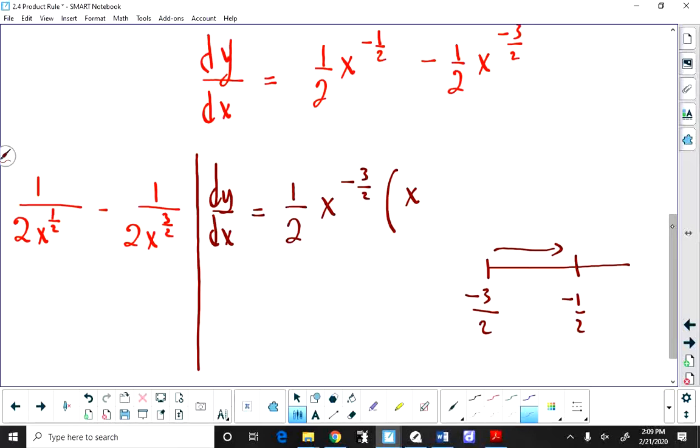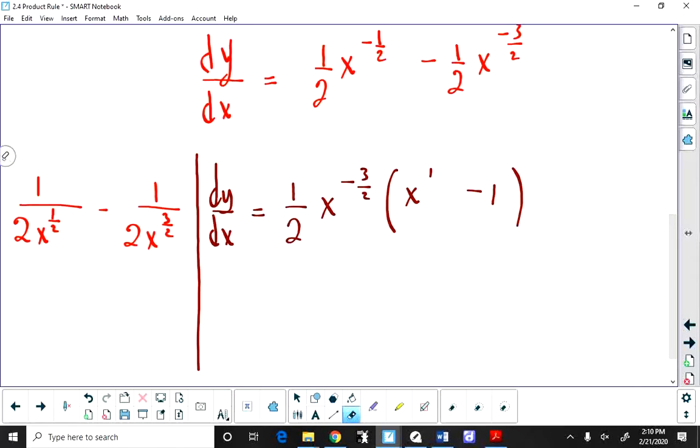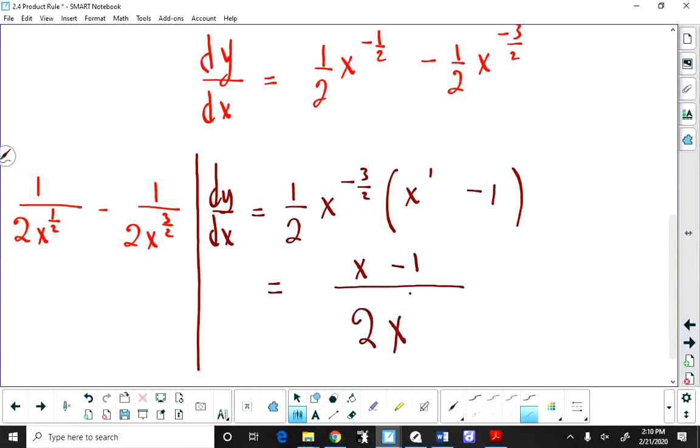That means I'm left with x to the 1, and then I factored the whole thing out, so I'm left with that. And what that tells us is that the derivative in simplified form has an x minus 1 on the top and a 2 times x to the 3/2 on the bottom. And that's what you would get if you would have looked at this stuff in red and found a lowest common denominator.